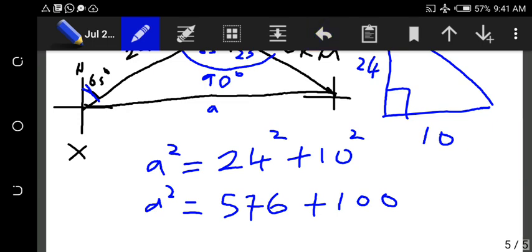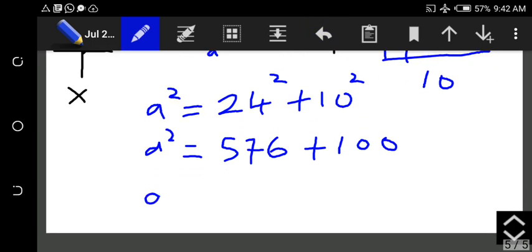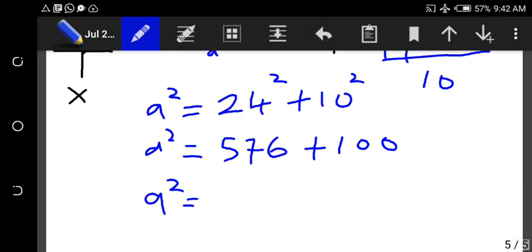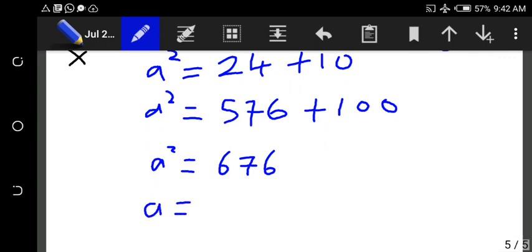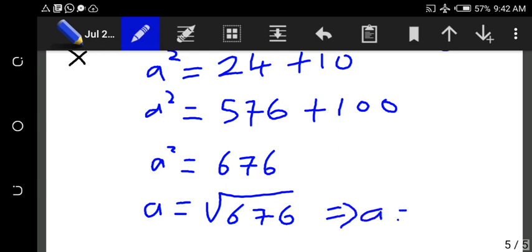So going further, a squared is equal to 576 plus 100, that will give us 676. Now taking the root of both sides, a is equal to the square root of 676, and this implies that a is equal to 26 kilometers.